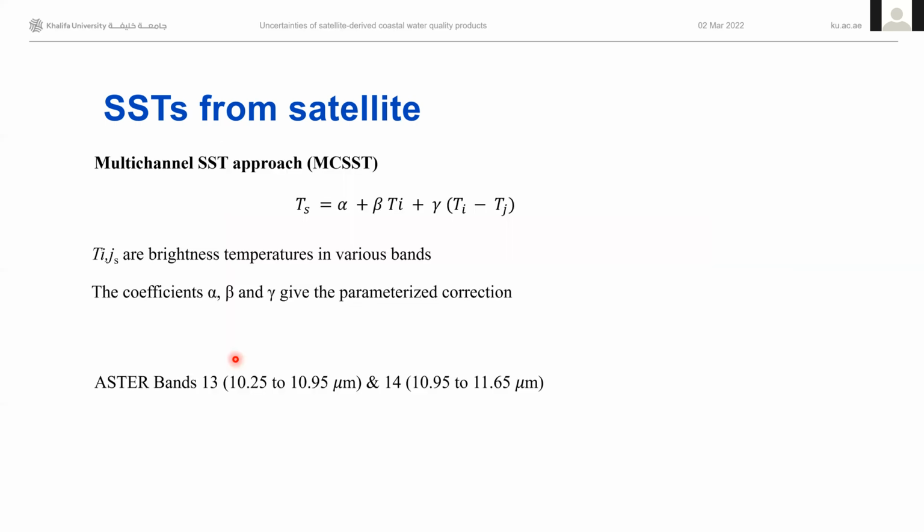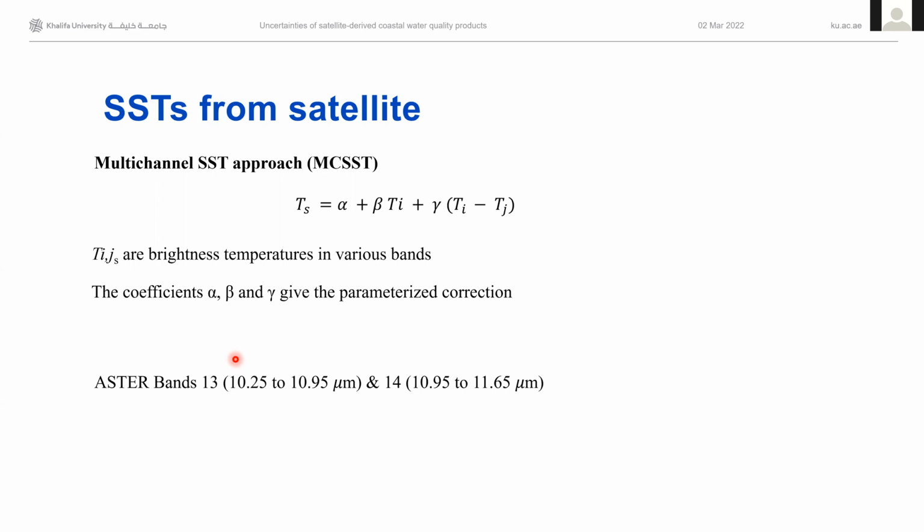So regarding the satellite estimates of the sea surface temperature, there are mainly two approaches. The first one is the multi-channel SST approach, which basically depends on two bands of thermal wavelengths.